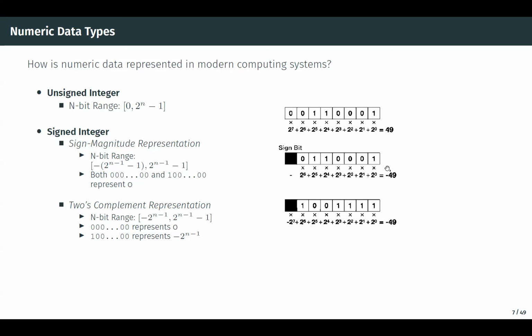But another one that is more common in computing systems is the two's complement representation. The challenge with sign magnitude is that we have two ways of representing 0, which is wasteful and can be difficult to handle in hardware. The two's complement representation is more common, and it has a way of representing all the numbers.